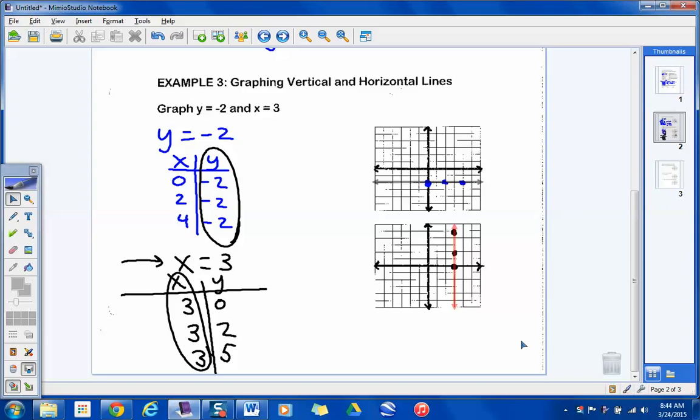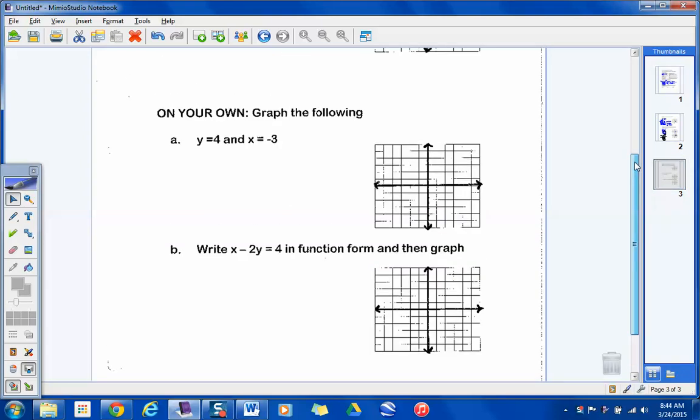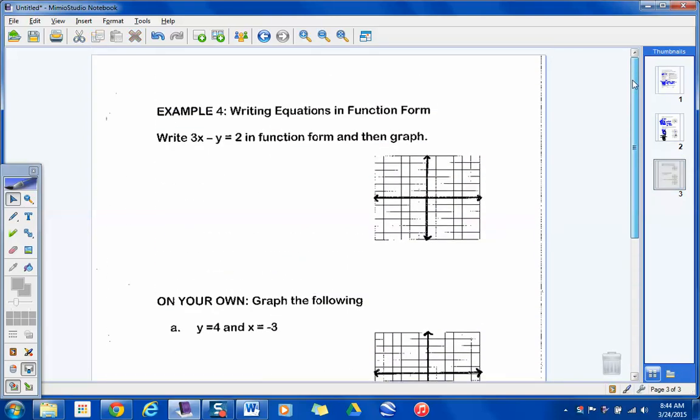You're welcome. Okay, so what I want to get onto is the last page, and the last page is where things can kind of get tricky here a bit. Guys, if you'll take a look at the first page of your notes, example 4 is all about writing everything in function form, okay?